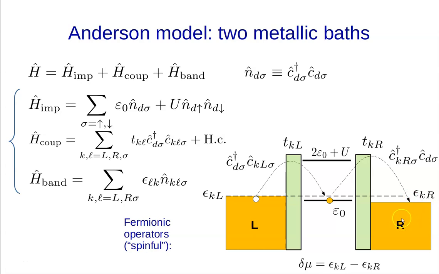So I gain a charge here. That means that I have an electric current. Okay, so that means that I have electrons flowing that way or holes flowing this way, and I can define an electric current by multiplying the change in number of electrons by the charge, which is minus e.